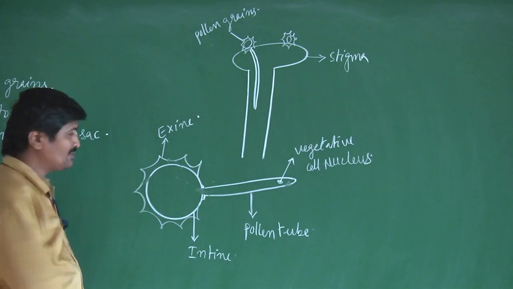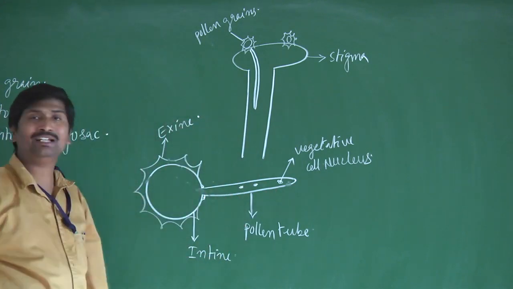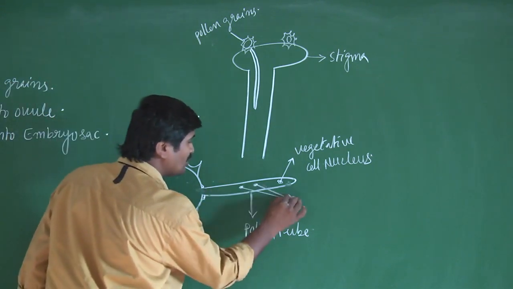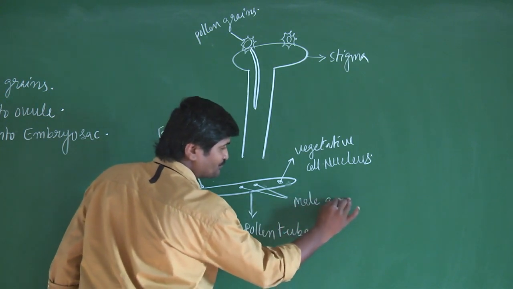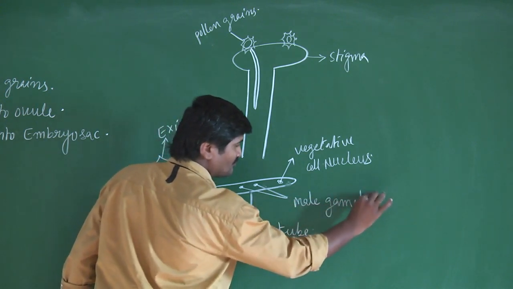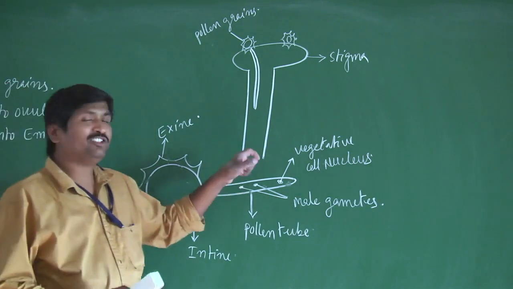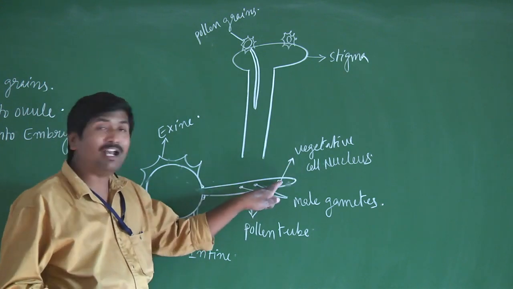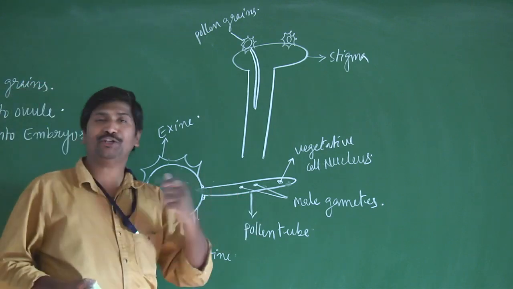The vegetative cell nucleus, and here the generative cell undergoes mitotic cell division to form the two male gametes. Some scientists strongly believe that the vegetative cell nucleus is always placed in the terminal part of the pollen tube.